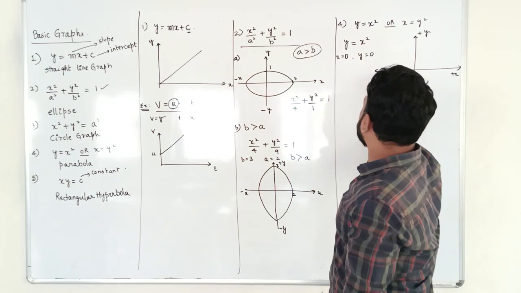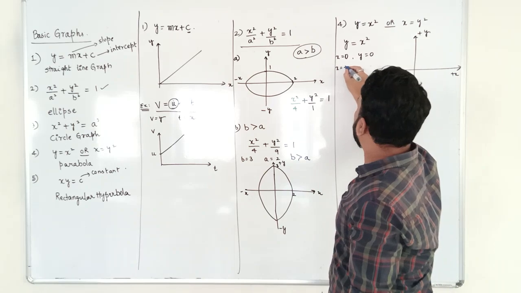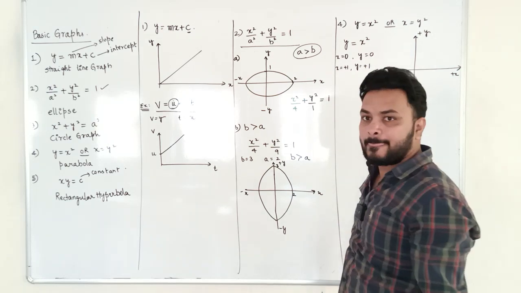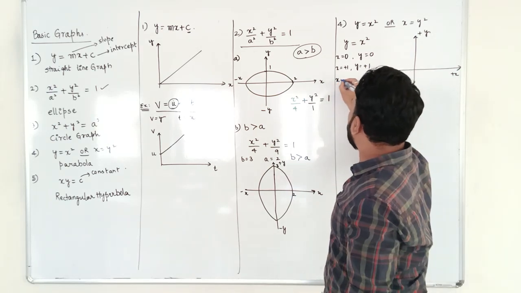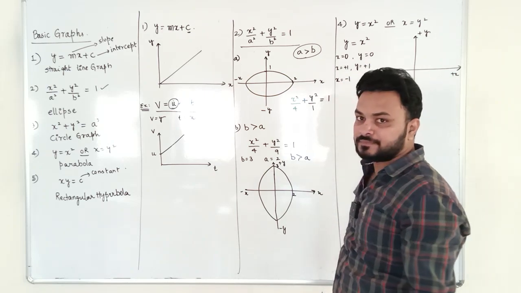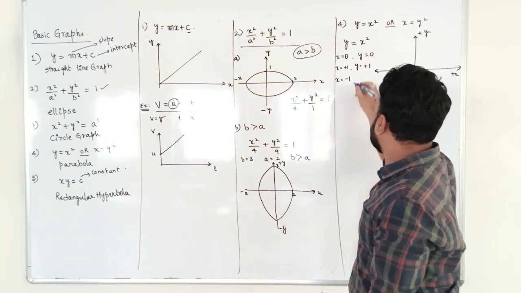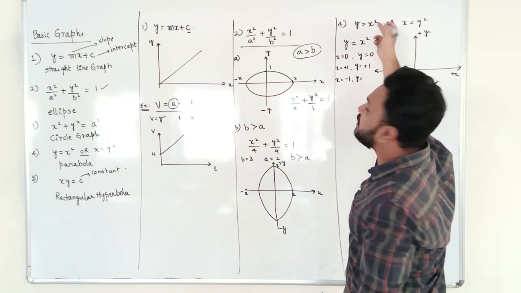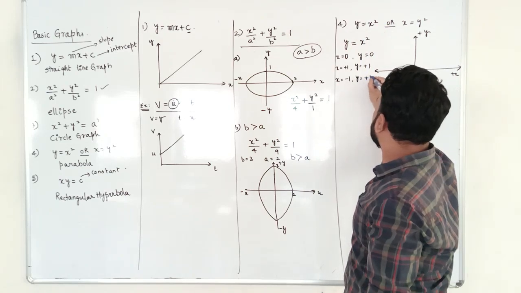Suppose x equal to plus 1, then y becomes plus 1. Let's say x equal to minus 1. If I am taking x equal to minus 1, then y becomes minus 1 whole square. It will be plus 1.